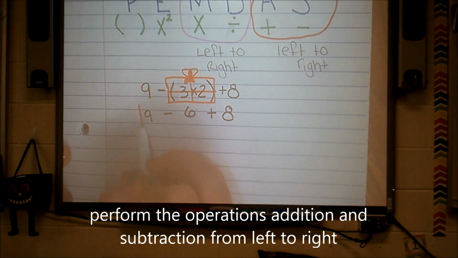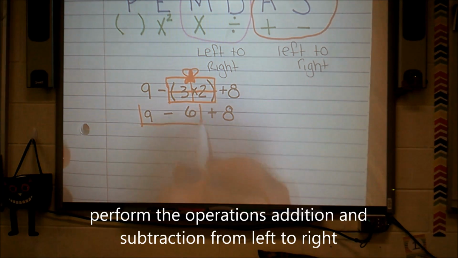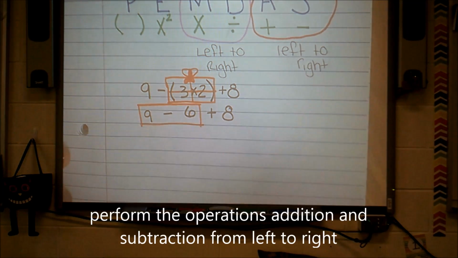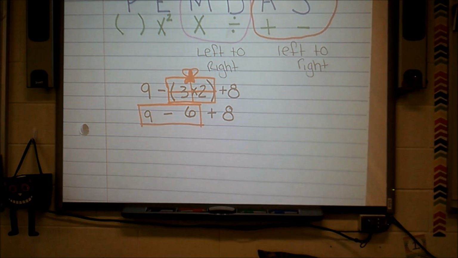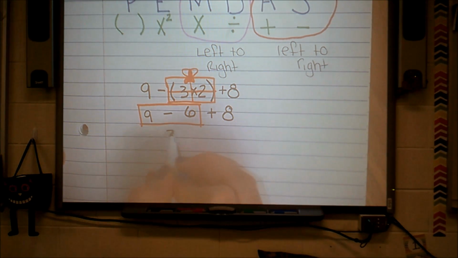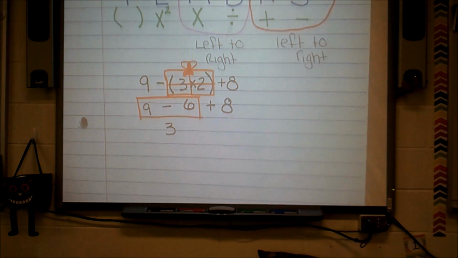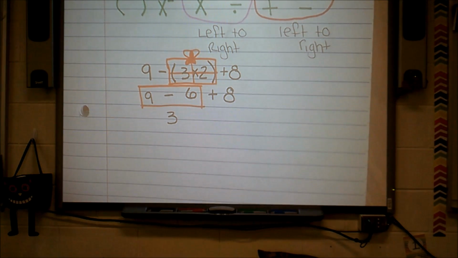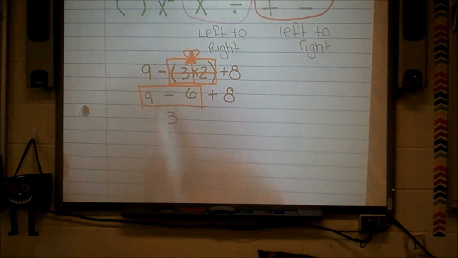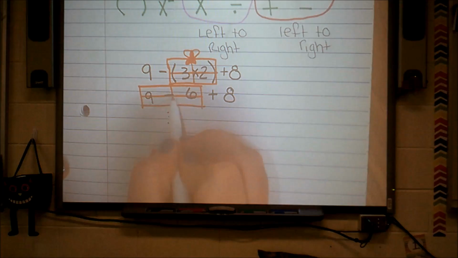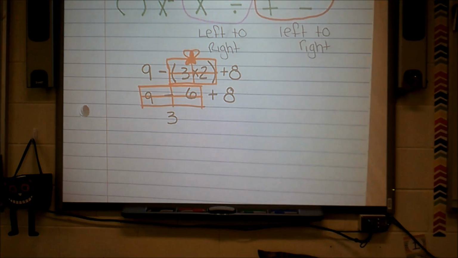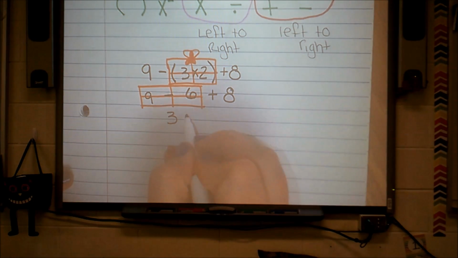You got it, Batman. 9 minus 6 goes in the box. So I put my 9 minus 6 in the box and I solve it. 9 take away 6 is 3. The answer goes right below your box. Then we wrap up our pretty package for Christmas. Everything not in the box, you bring it down.